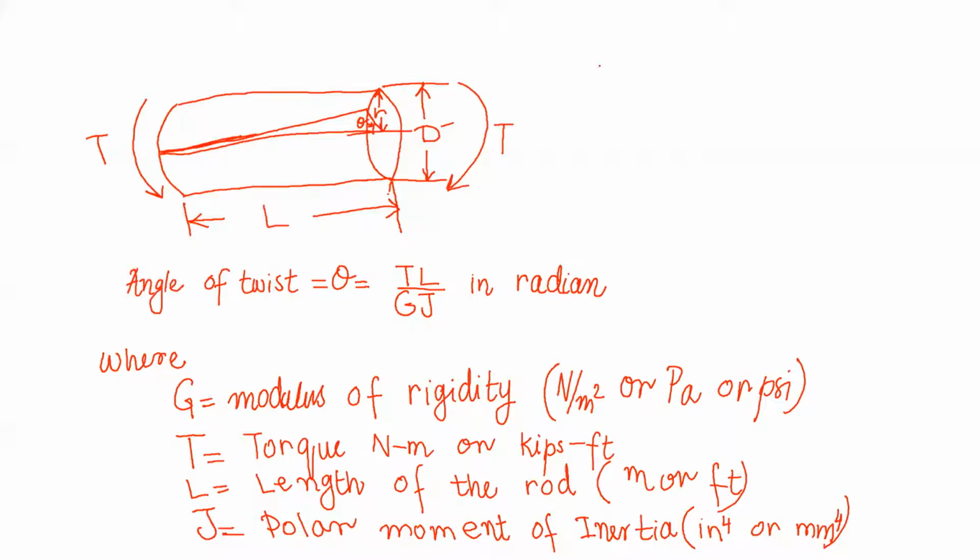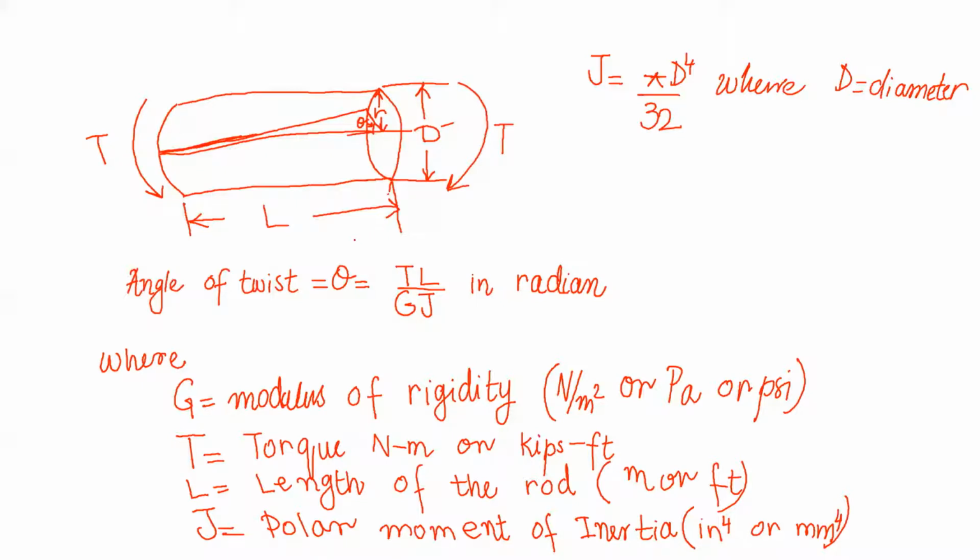Obviously, resistance in the body to rotation will be affected by its diameter. So J will be pi d power 4 divided by 32, where D is the diameter. So this is all about these formulae.